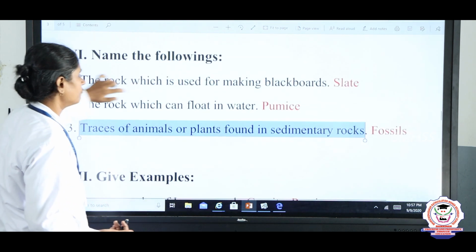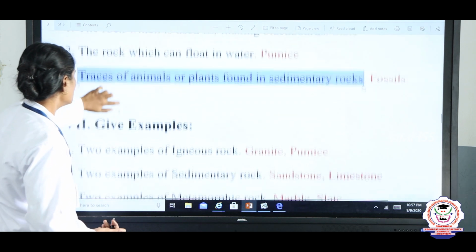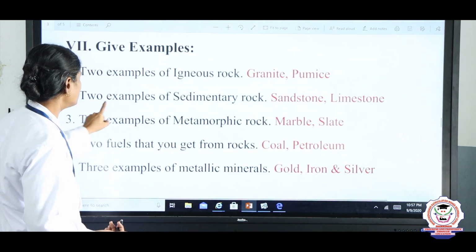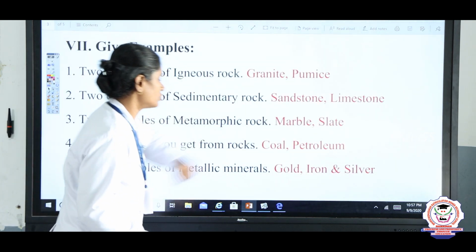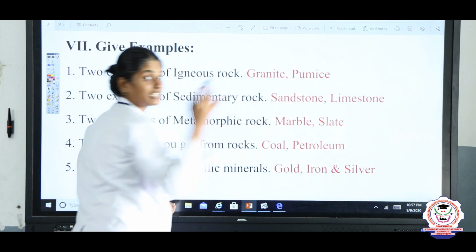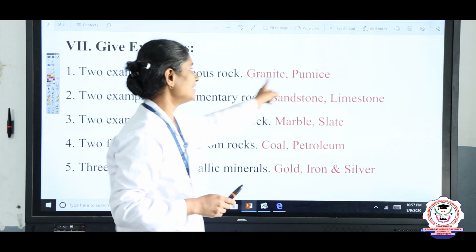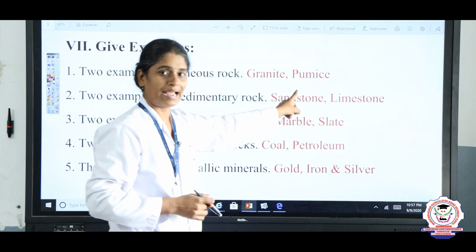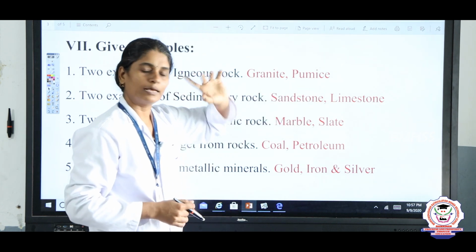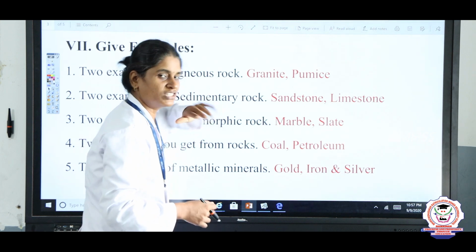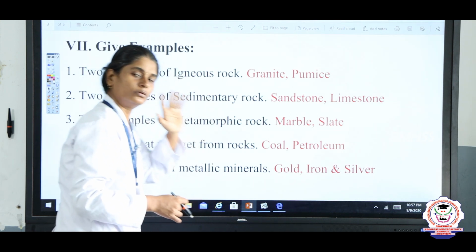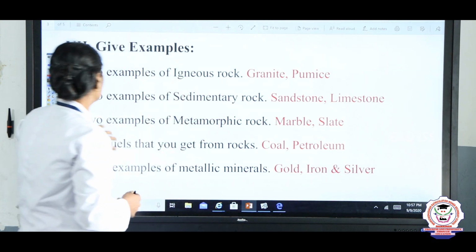So the rock which can float in water is pumice, and then you have to write two examples of igneous rock. So now I have explained about 4 types, right. So from those 4 types you can write any 2. So here I have given granite and pumice, even you can write obsidian and basalt. So whichever is most favorable to you, you can write, okay.